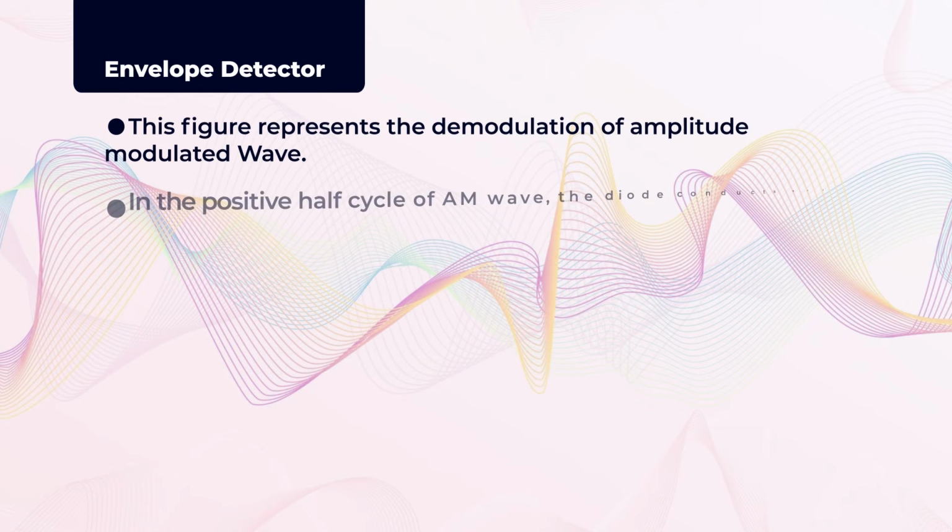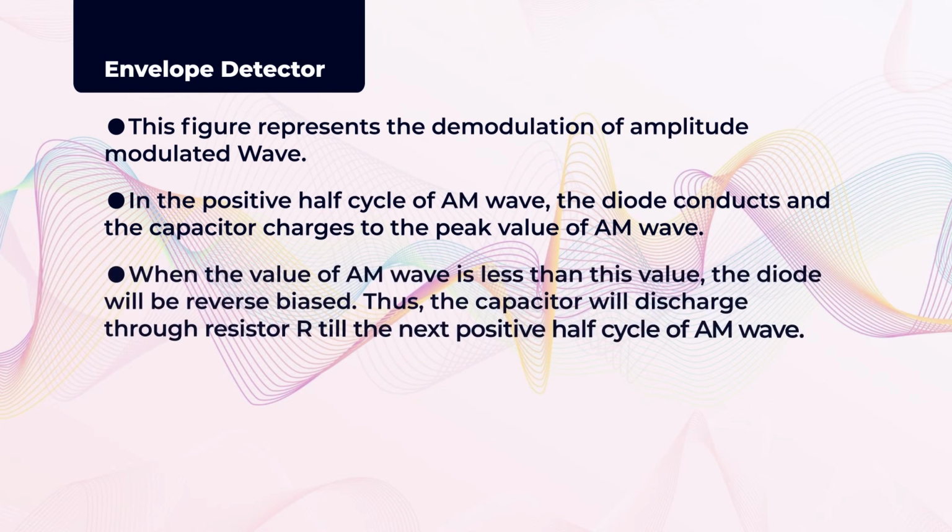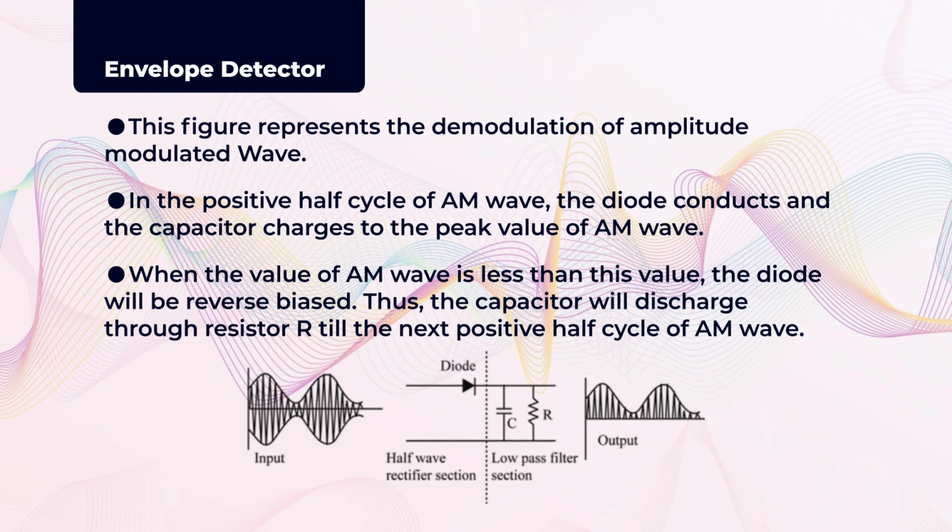In the positive half cycle of amplitude modulated wave, the diode conducts and the capacitor charges to the peak value of the AM wave. When the value of AM wave is less than this value, the diode will be reverse biased and thus the capacitor will discharge through the resistor till the next positive half cycle of the AM wave.